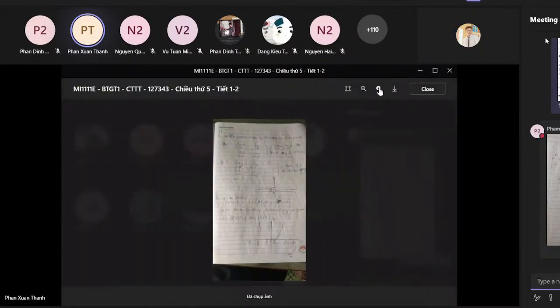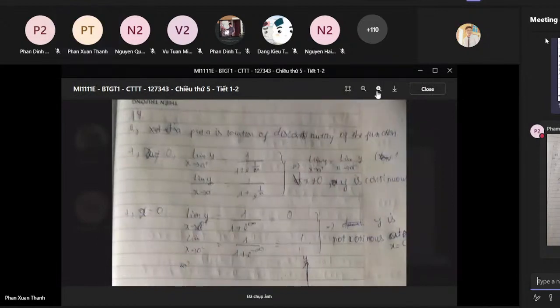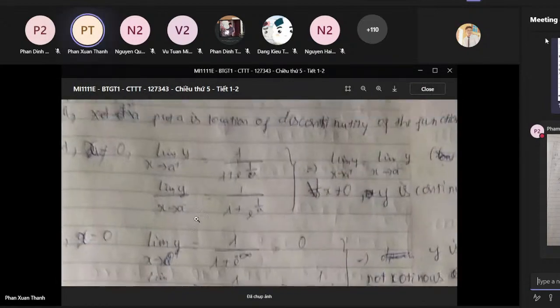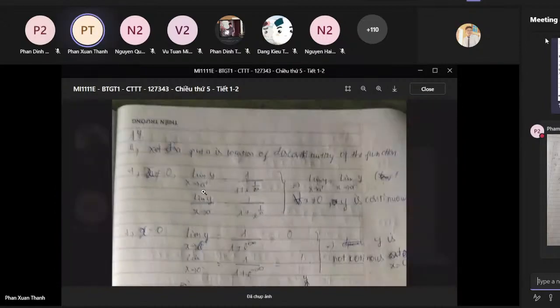Nguyễn Hữu Chi. I think here A should be equal number 0. It's A or 0. So left hand limit. It's not correct. A. What is A?